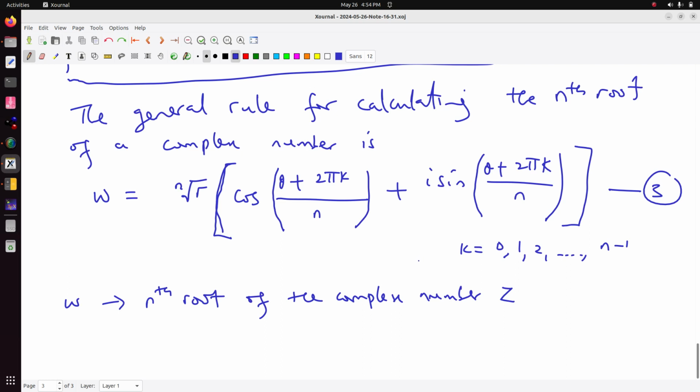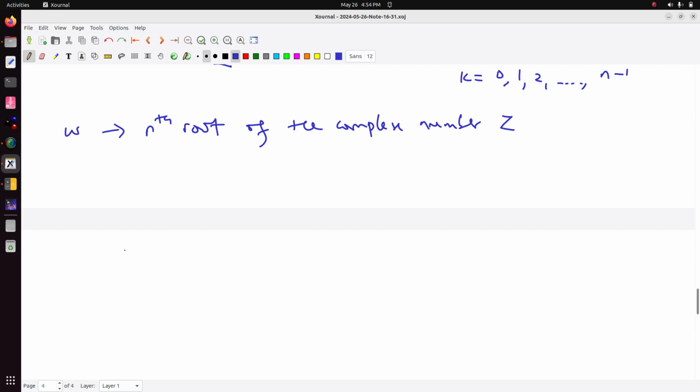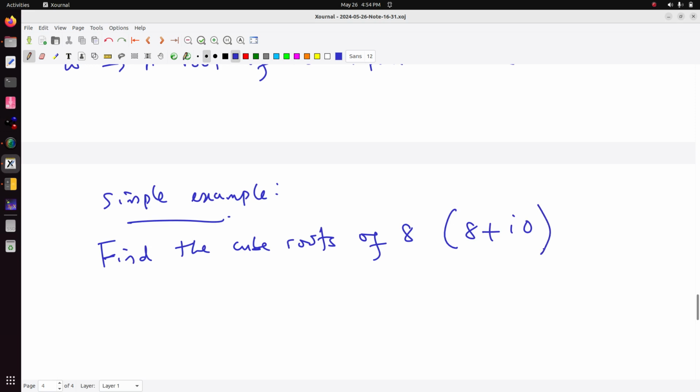Let me illustrate with a simple example. Find the cube roots of 8, but technically it means 8 plus i0.